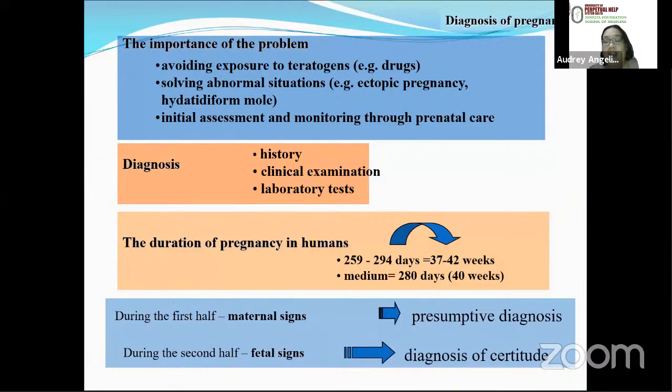You are asked to get a certain fact, but you have to compute for your last menses first before you could answer the question itself. Okay? So age of gestation, last menses, and EDD, clear. Okay.